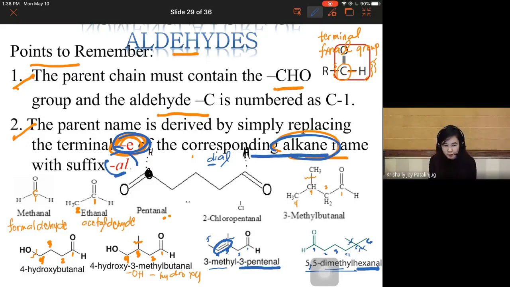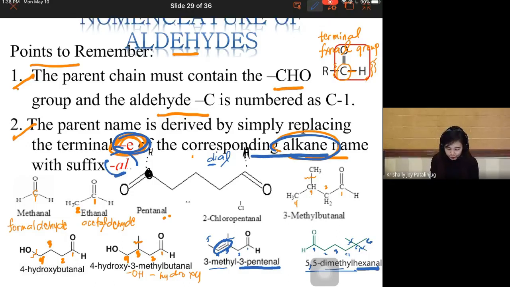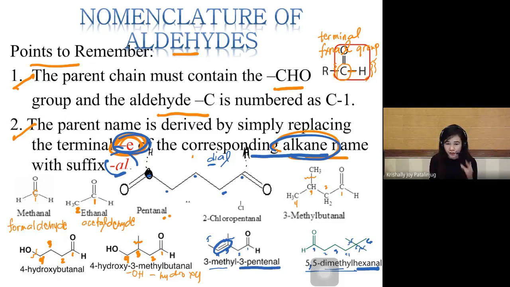What is the corresponding alkane name? 1, 2, 3, 4, 5 for the parent chain, so pentane. Question: do we have to erase the ending E when we use the suffix dial? Yes or no? Do I need to erase the letter E in pentane?